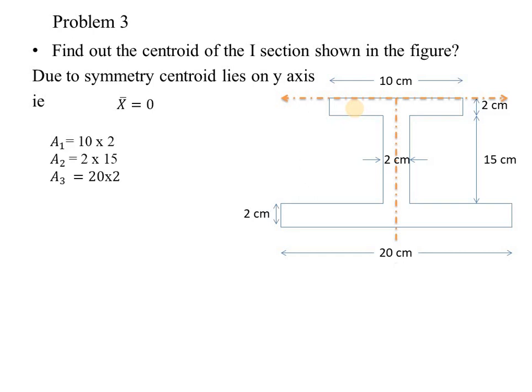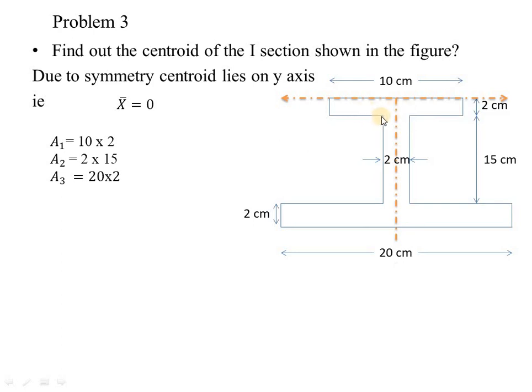In order to find out the y bar distance, what was the formula? Y bar is equal to sigma ai yi whole divided by sigma ai. So, first of all, we have to find out the areas of these three sections. This I section will be converted into three rectangular portions.